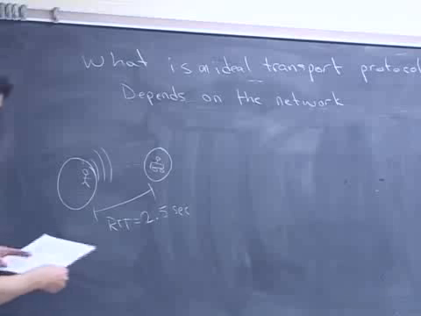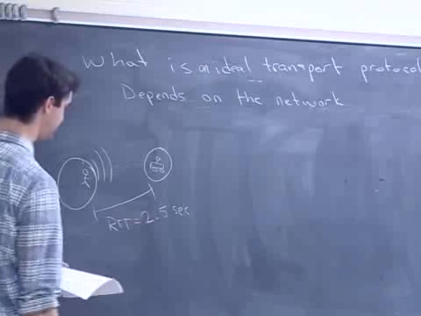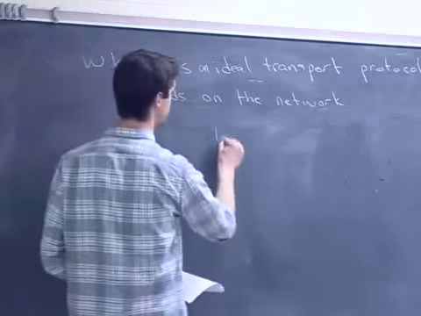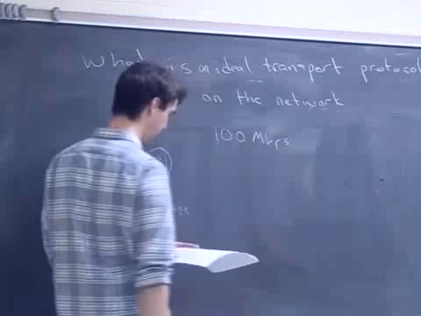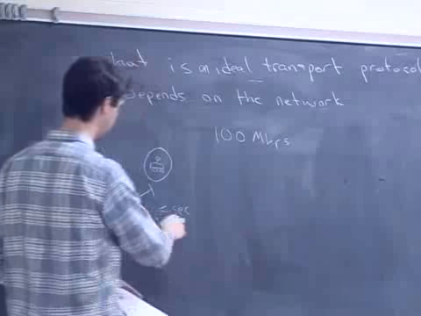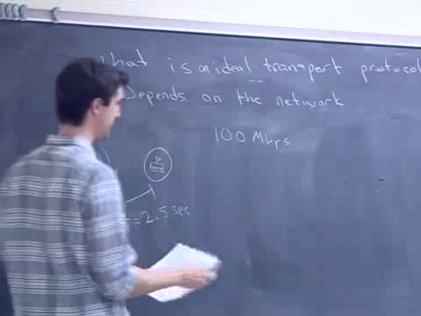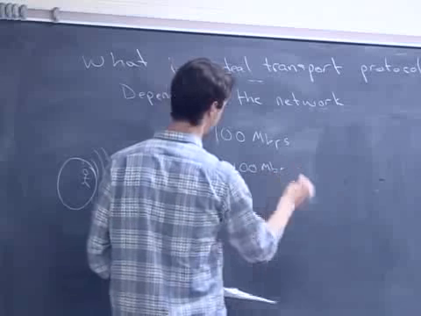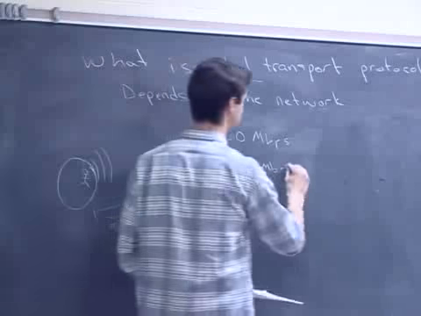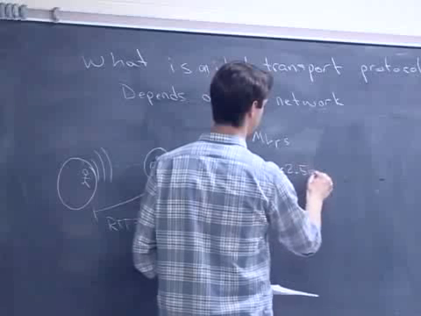And in fact, with this large of a round trip time, if we assume that we have a 100 megabit per second link, and we have this round trip time of 2.5 seconds, then that means we can send 100 megabits times the round trip time, so 2.5 seconds.